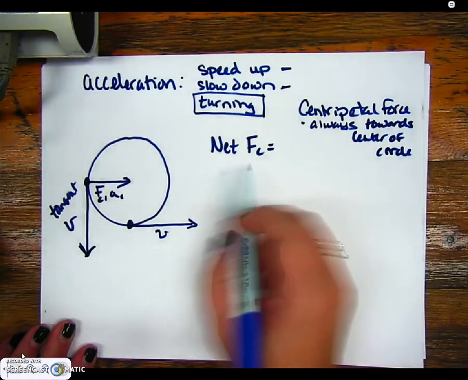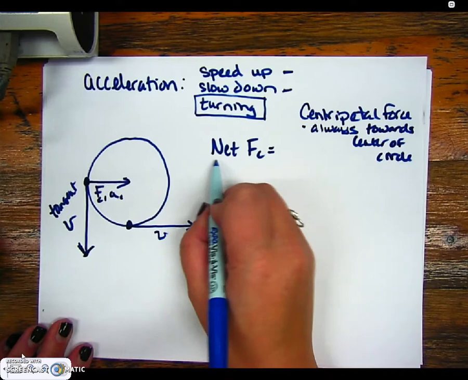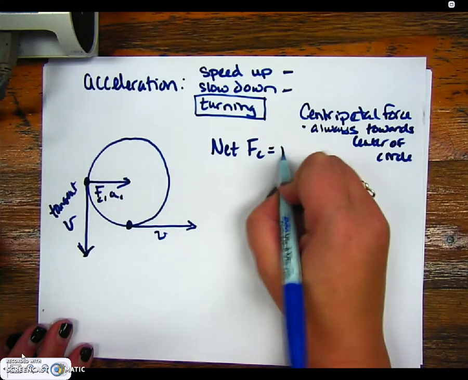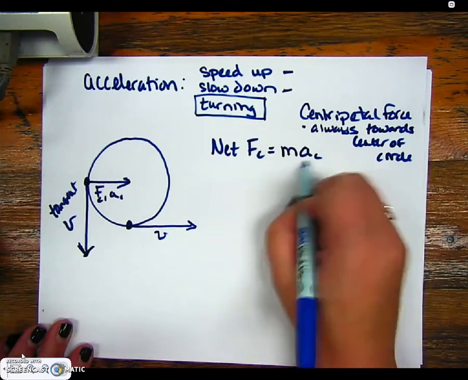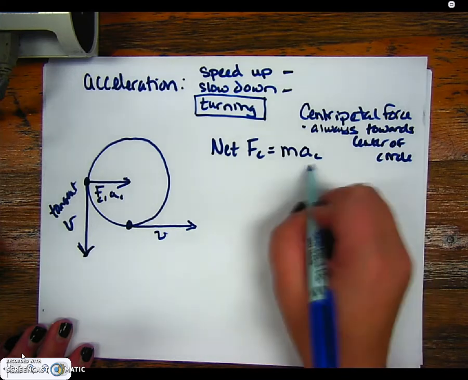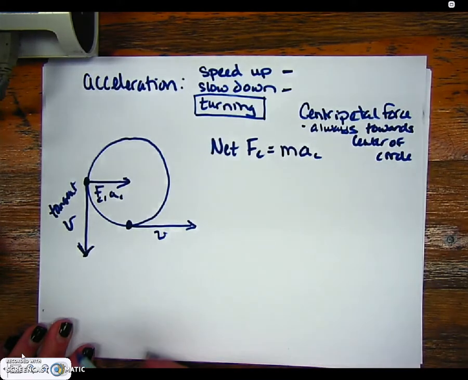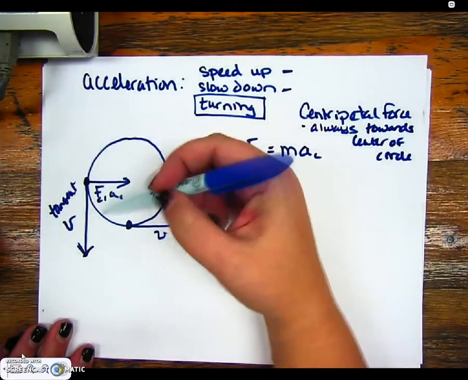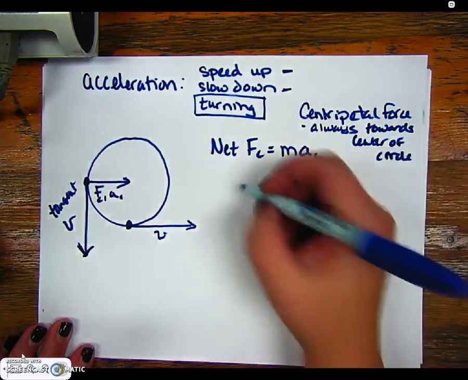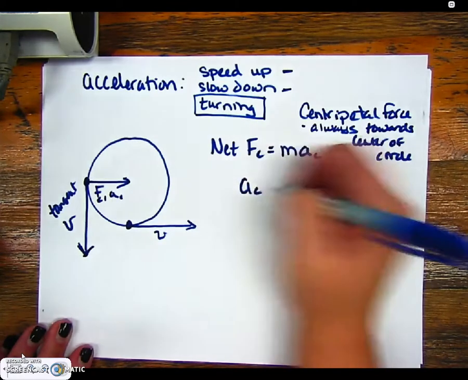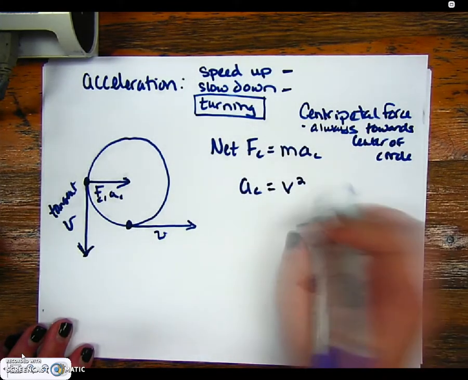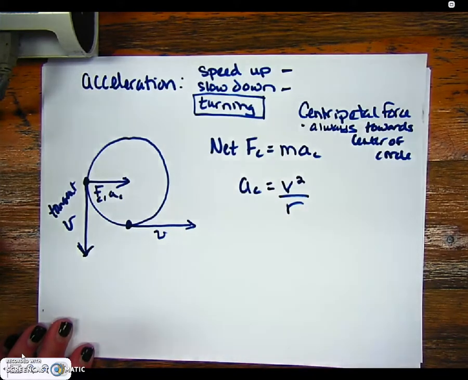So if we write this in terms of Newton's second law, it says net centripetal force must be equal to mass times acceleration, where this is a centripetal acceleration. We can calculate centripetal acceleration in terms of the velocity and the radius at which it's turning: take the velocity, square it, and divide by the radius.